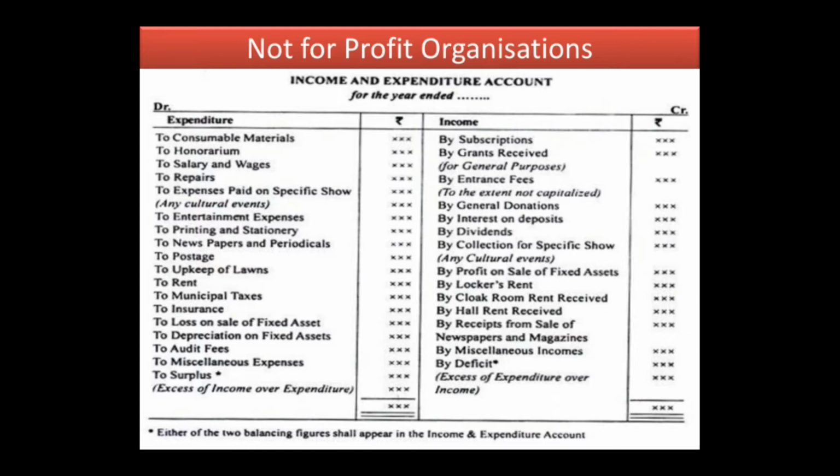And at the same time, if the debit side is heavier than the credit side, then we will get the closing balance or the balance at the end on the credit side, and that will be the amount of deficit. It is the situation of excess of expenditure over income. So in this income and expenditure account, we only record revenue nature items.